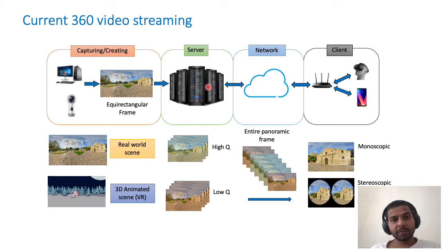Once the video frames are ready, they will be transmitted through the network to the client based on their request. On the client side, they will watch these videos either using a head-mounted device or a smartphone, in monoscopic or stereoscopic view.